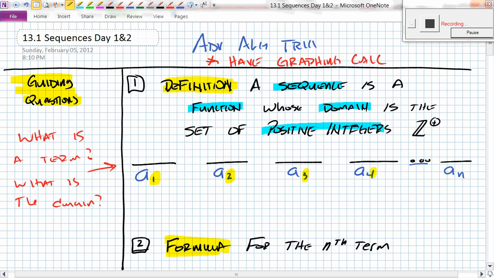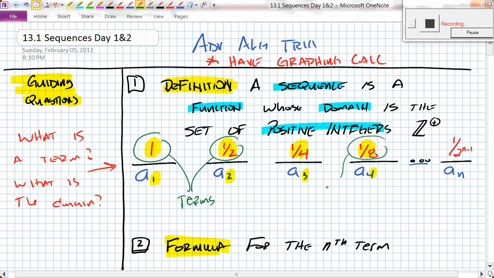So as an example, if I gave you a sequence is a function, right? So the input, if I give you 1, 1/2, 1/4, 1/8, and then 1/2 to the n minus 1. Okay, these parts right here, the 1, the 1/2, the 1/4, the 1/8, those are what we call the terms. So what is the fourth term of the sequence? 1/8.